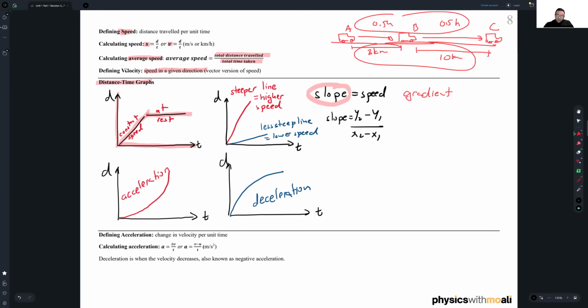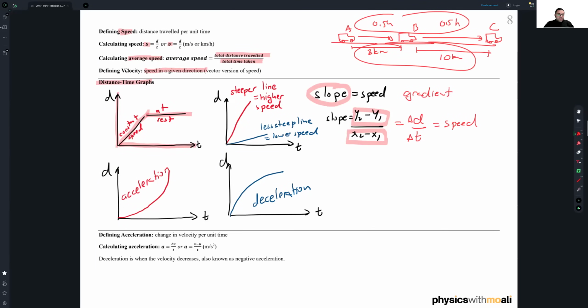It's y2 minus y1 over x2 minus x1. Some of you know it as rise over run. That's fine too. But since the y-axis of this graph is distance and the x-axis of this graph is time, so you're going distance over time, the slope actually gives you speed. So the steeper the line, the faster you're going. The less steep the line is, the slower you're going.